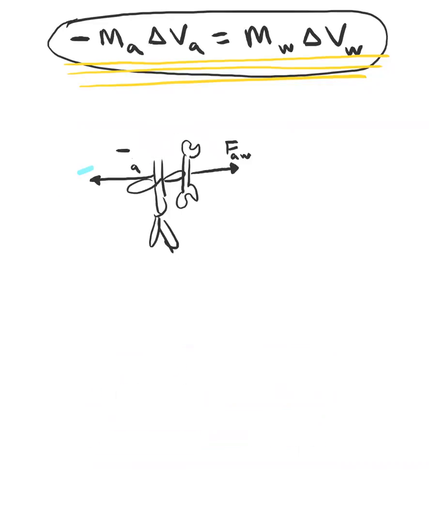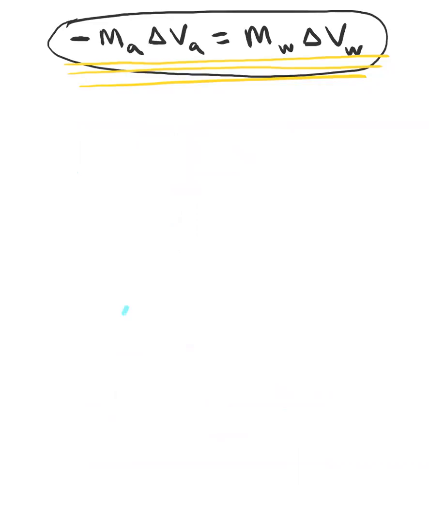Okay, so let me erase this astronaut. Let me look at the equation. And what I want to do now is rewrite this equation so that it's easier to use. I'm moving now to slide number 5 that says conservation of momentum. So instead of A and W, I will just write 1 and 2 for object number 1 and object number 2.